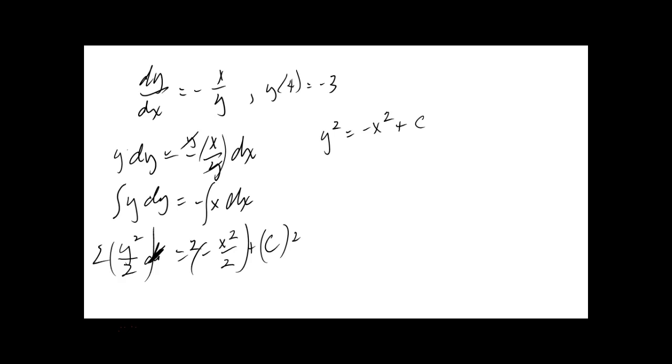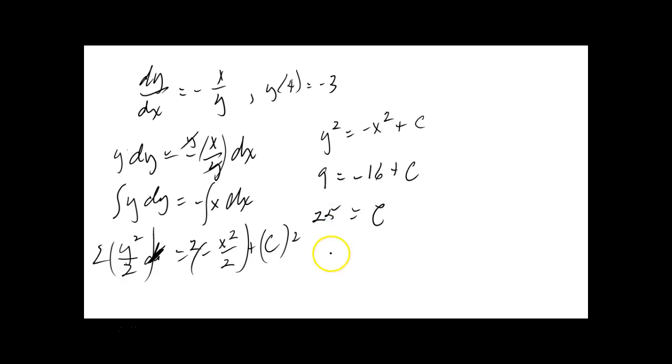Now we'll plug in what we know. We have that y is negative 3, and negative 3 squared would be 9, is equal to negative, x is 4, so x squared would be 16, plus c, so c is equal to 25, right?